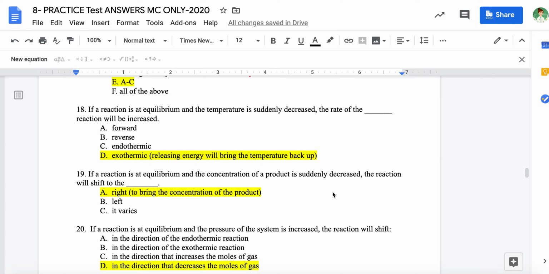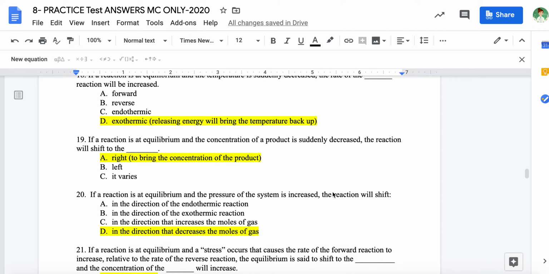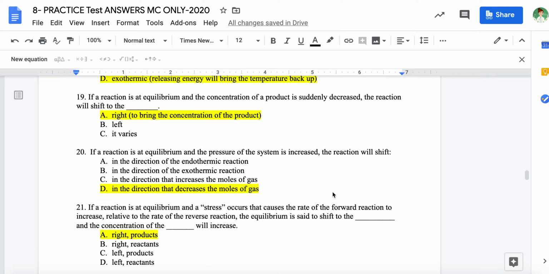So it shifts towards the right to bring that concentration of product back up. 20 is about pressure. Again, these are really straightforward, basic understandings. If the pressure increases, the reaction shifts to try to decrease the pressure, and that means it has to shift to the side with fewer moles of gas.